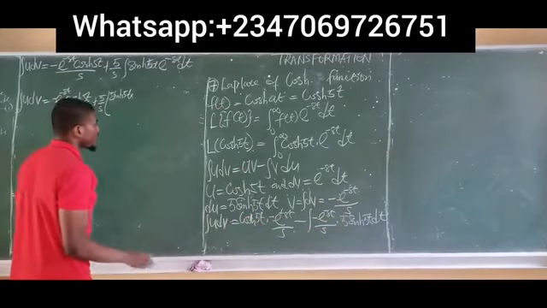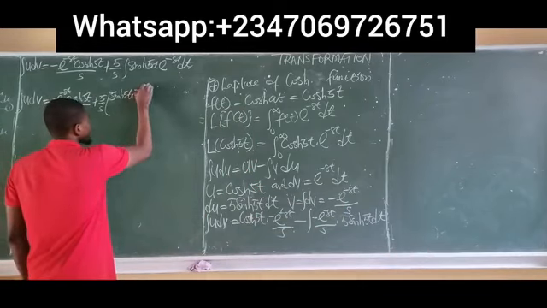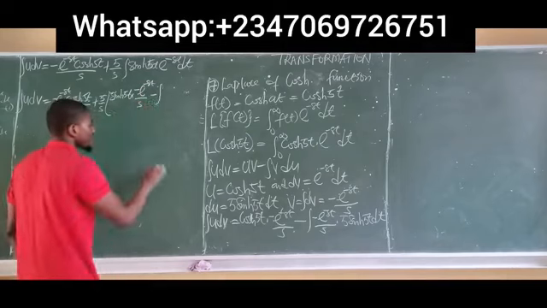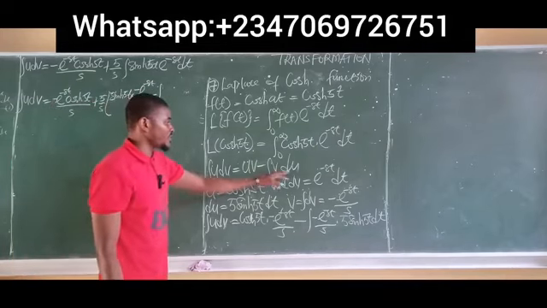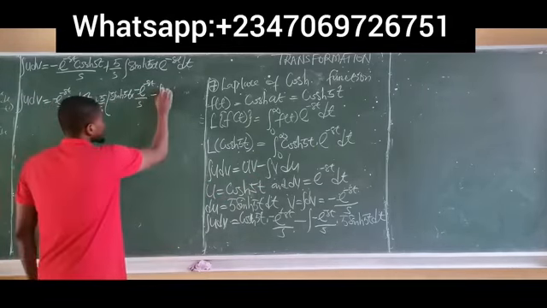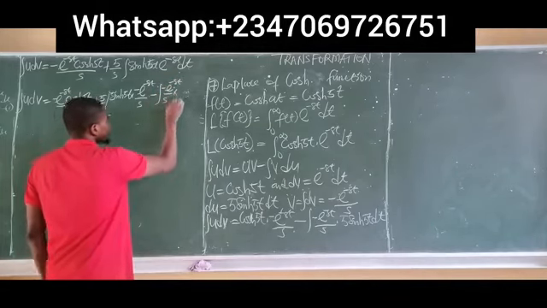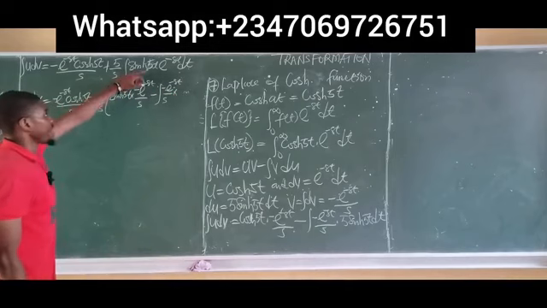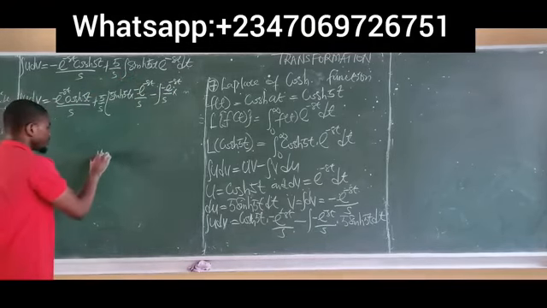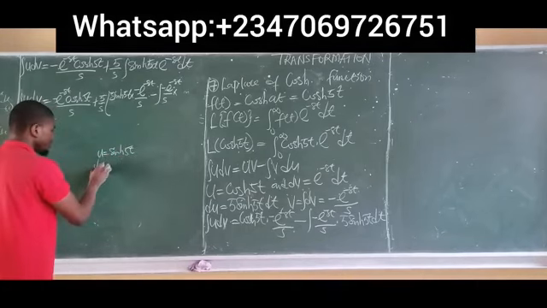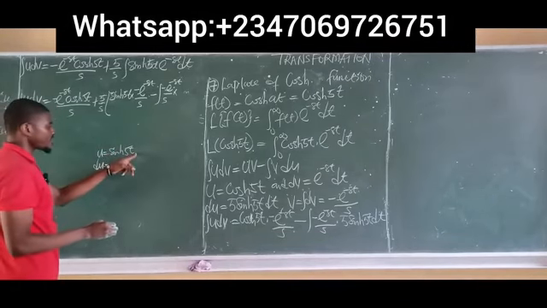So from the formula, v is now minus exponential minus st all over s minus integral of v du. Integral of v du, v once more is minus exponential minus st all over s times. Now we said u is sine 5t. That means if u is sine 5t, then du is equal to, remember, differentiate the angle. 5t is the angle.